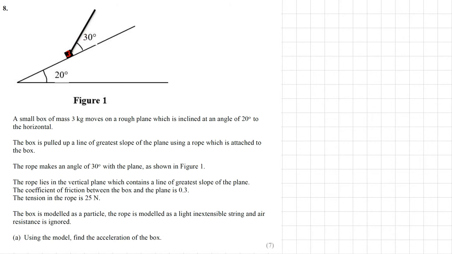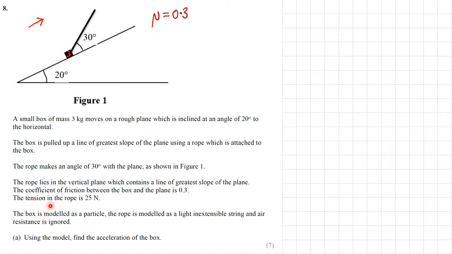So I know that it's going to be moving in that direction. That may be moving at constant speed or accelerating, we'll see. The rope makes an angle of 30 degrees as shown in the diagram. Here we go. The rope lies in a vertical plane which contains a line of greatest slope of the plane. The coefficient between the box and the plane is 0.3. Let's write that down. So mu is 0.3.